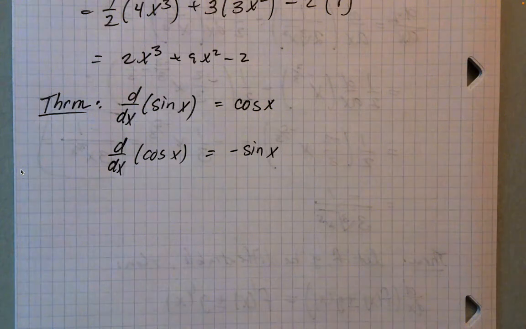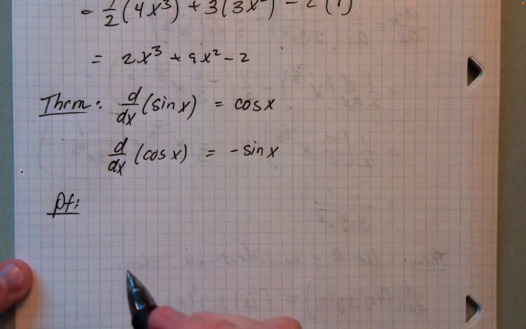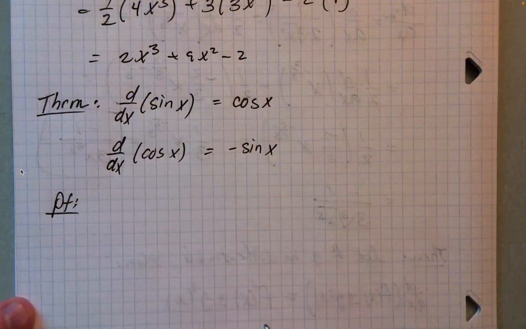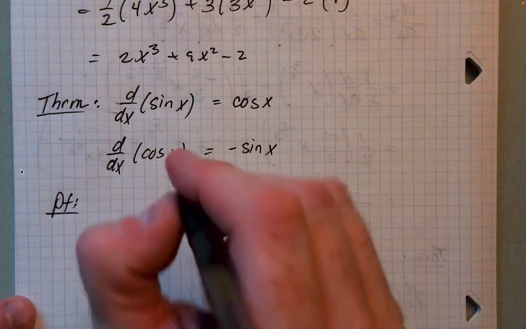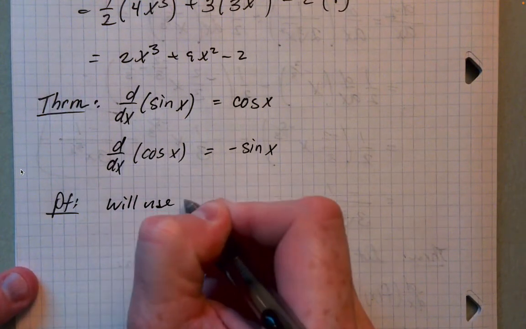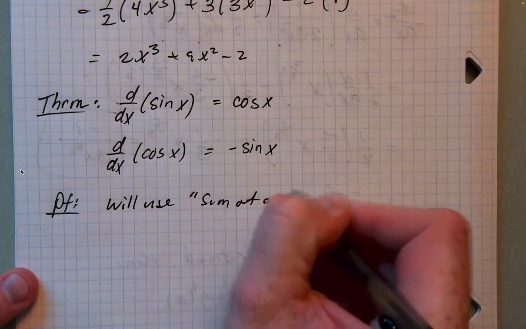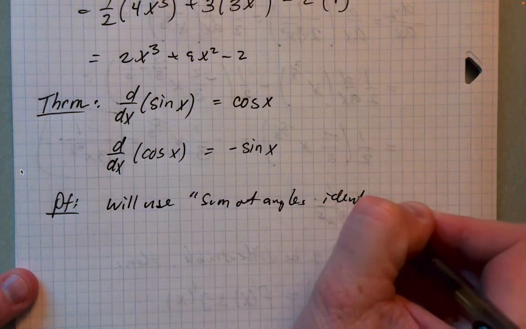I'm going to skip the proof on this one, just in the name of time, but this is one that is not hard to prove. It's a proof you can work out on your own. You do need to know a little bit about sum of angle identities that'll come up in the proof. So let me just make a note of that. It will use the sum of angles identity.